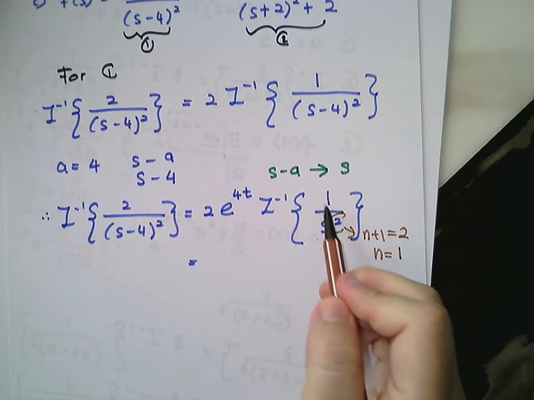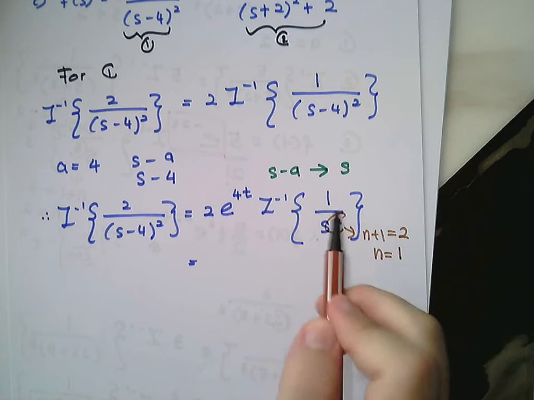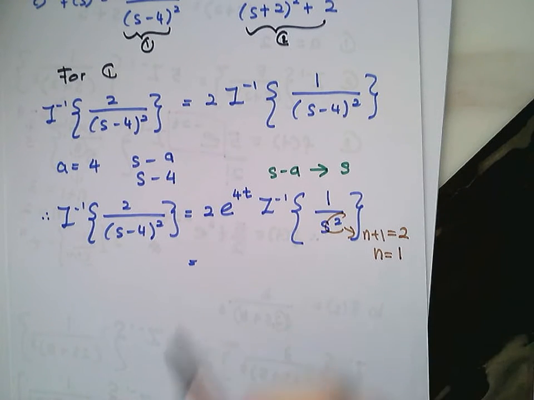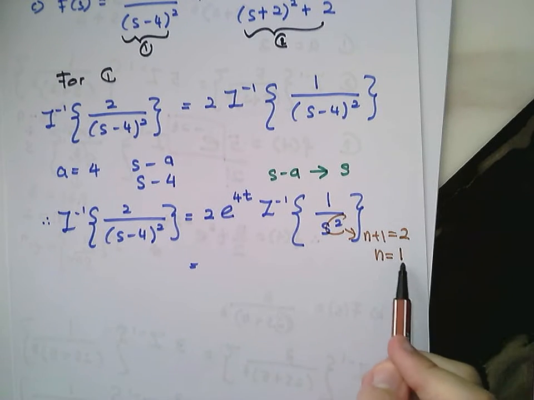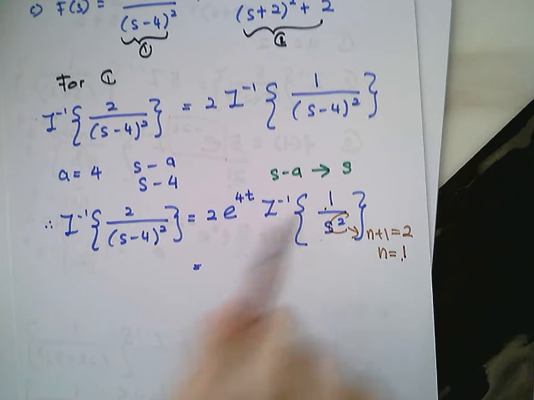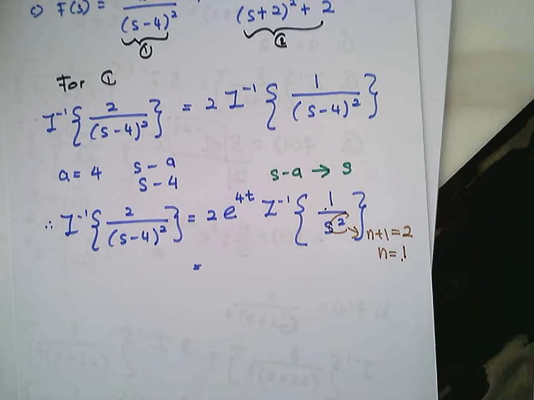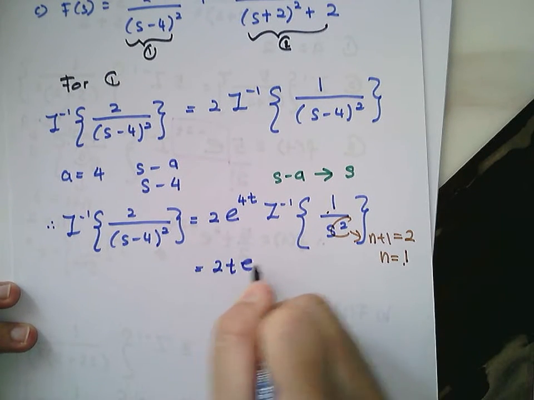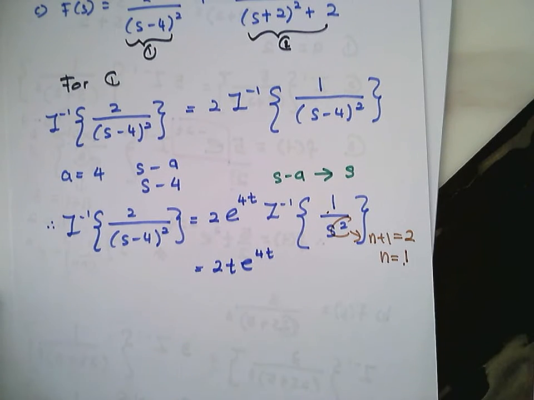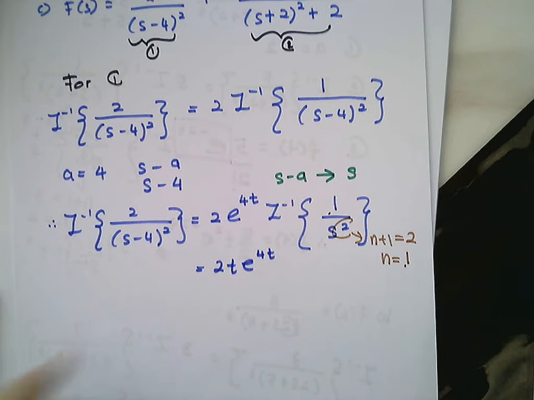So you already have 1 here. So you don't need to multiply and divide by a value of constant. Okay? Because this one is equals to this one. So therefore you will get 2t exponent 4t. Okay, so this is for the first function.